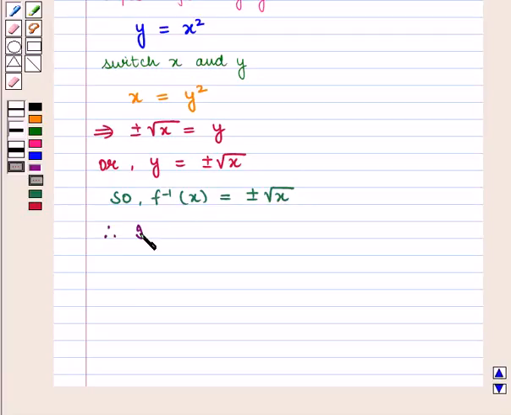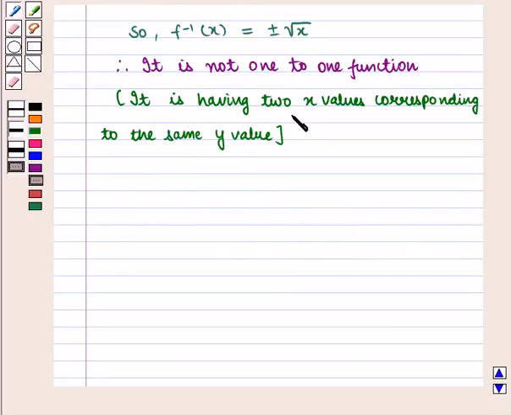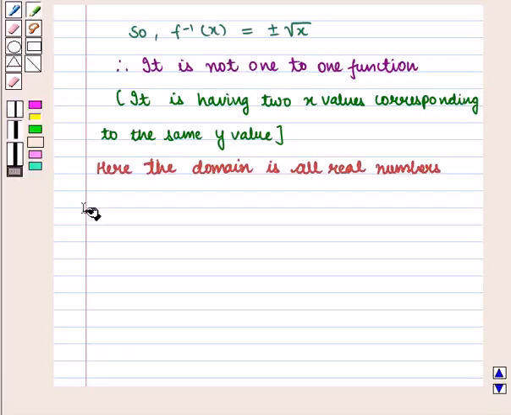Therefore, it is not a one-to-one function, since it is having two x values corresponding to the same y value. Now if we see here, the domain is all real numbers.